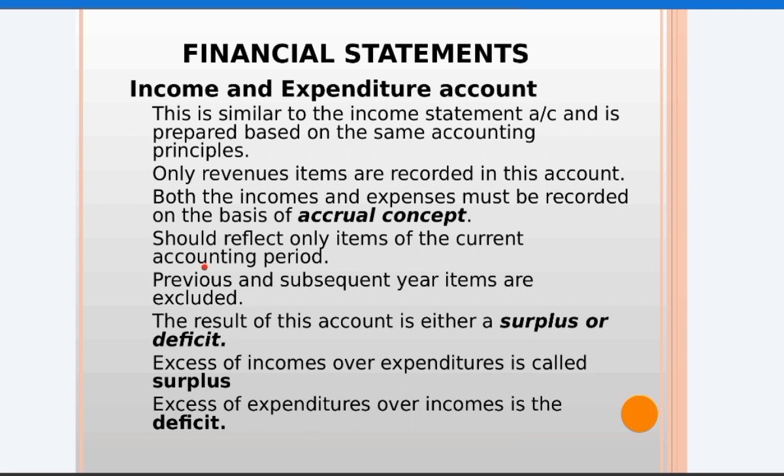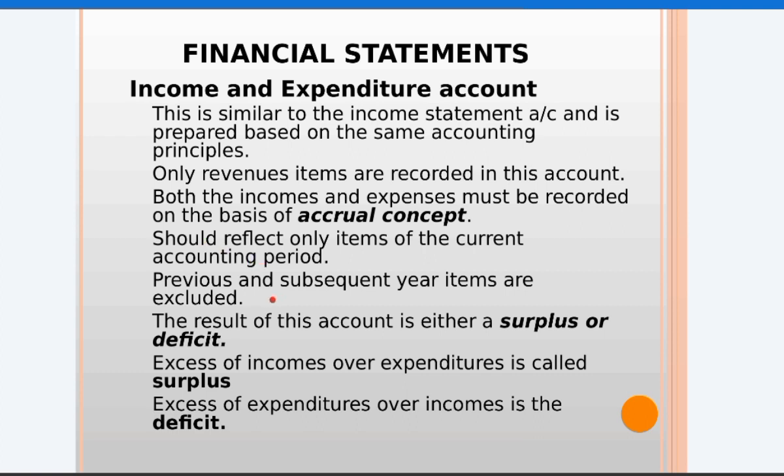And we are saying then, apart from adopting the accrual principle of accounting, we also must match them. That is, the matching principle should also apply in the sense that we must only reflect the items that happen during the current financial year. So any item that does not belong to the current financial year will, of course, be excluded.